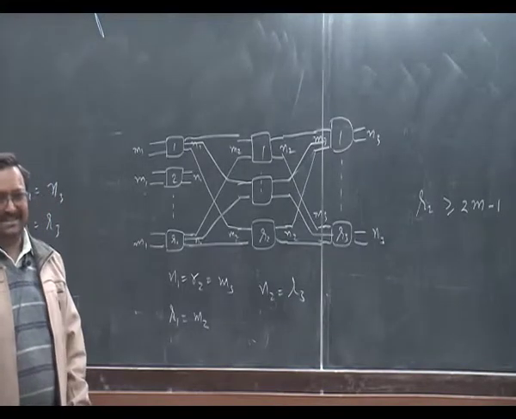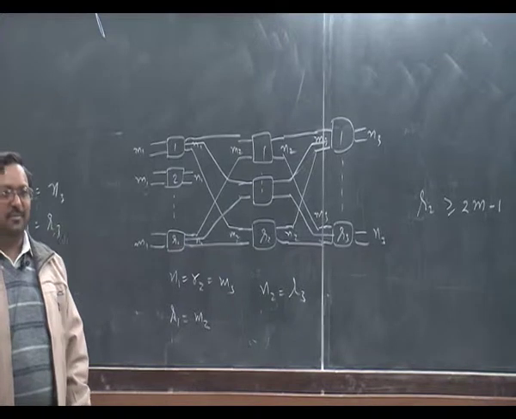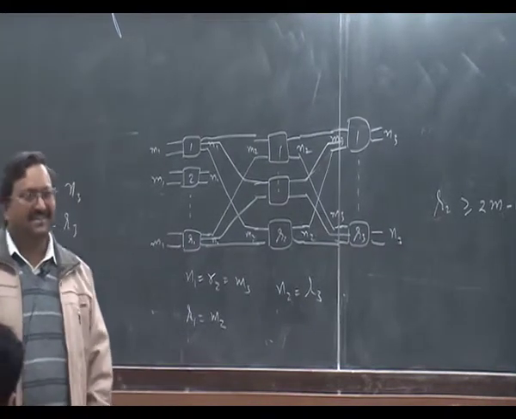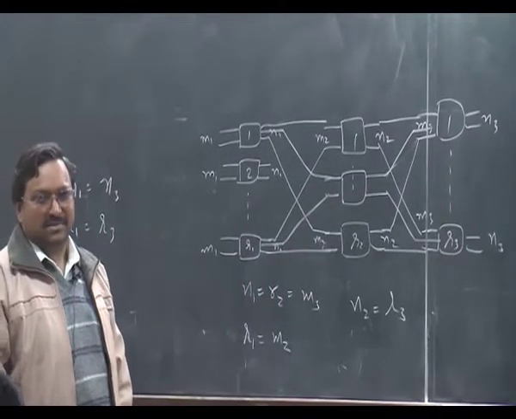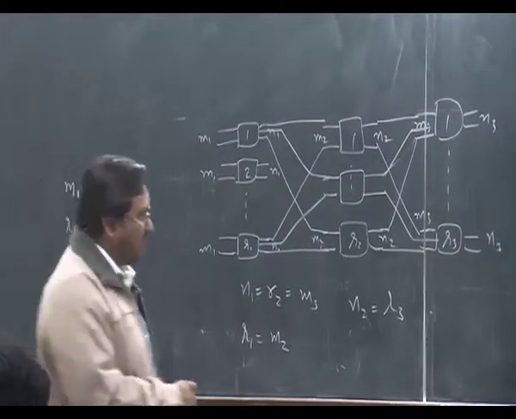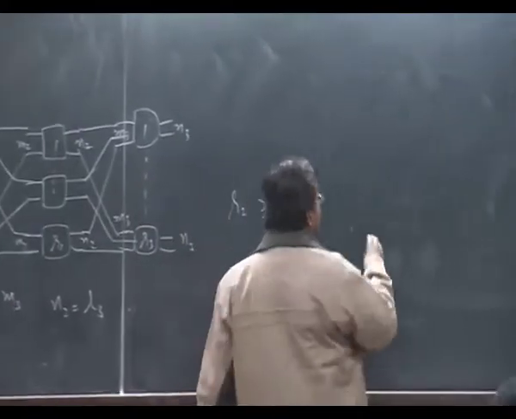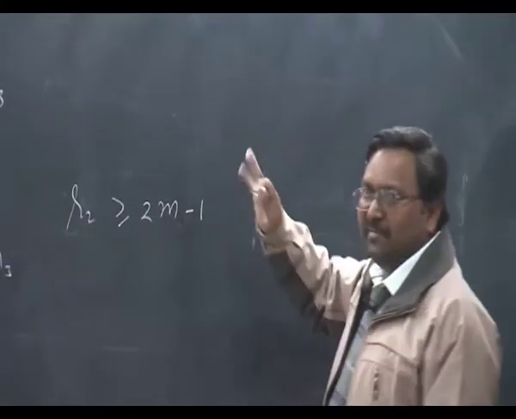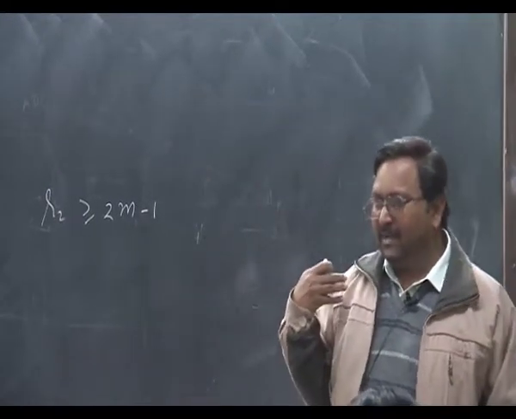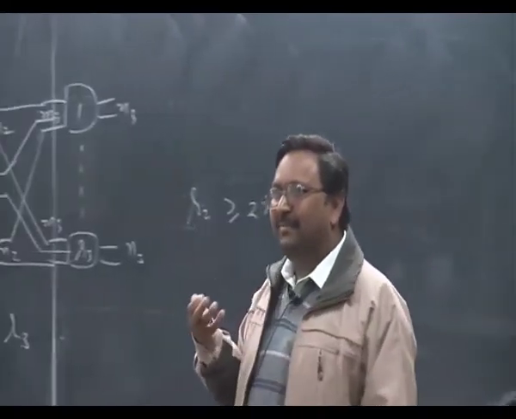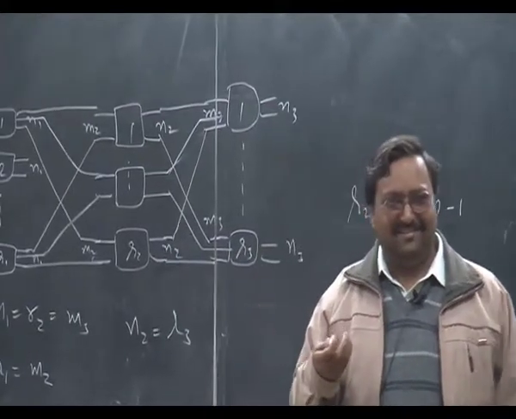Now, my question is, this purely is a space switch, how to put in a time switch here? Can I do something with this time switch? Because time switch has a peculiar problem. This interchange of slots will be done because you are writing into the memory and reading from the memory, and memory or RAM has an access time limitation.